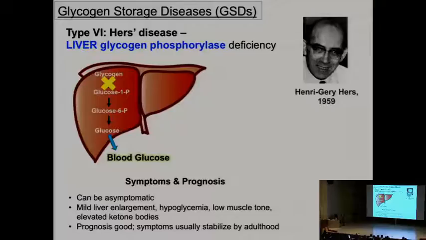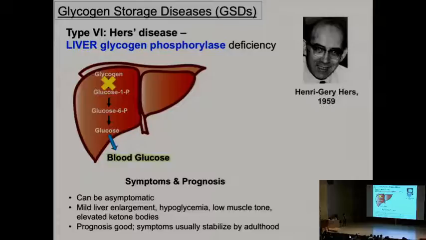There could be people in this room that have this disorder and you don't even know it. It can cause mild liver enlargement, mild hypoglycemia, and low muscle tone, but most of these symptoms stabilize by adulthood, so they're fine, which also makes it a little bit more remarkable that Dr. Hers was even able to identify this population of patients in the first place if they're largely asymptomatic.